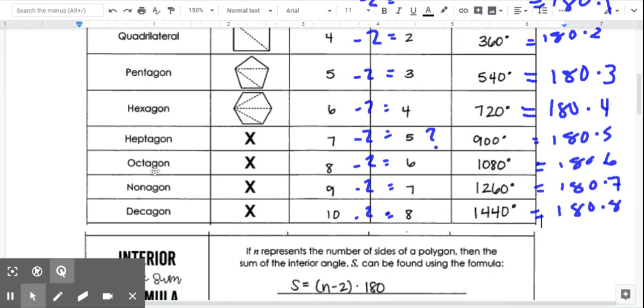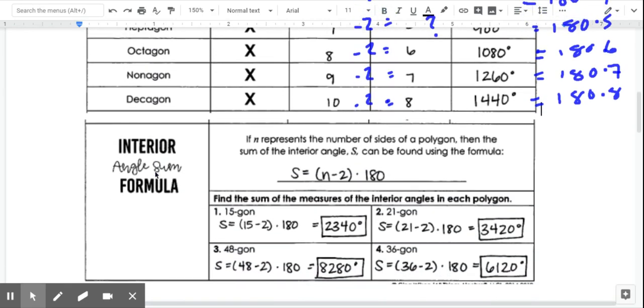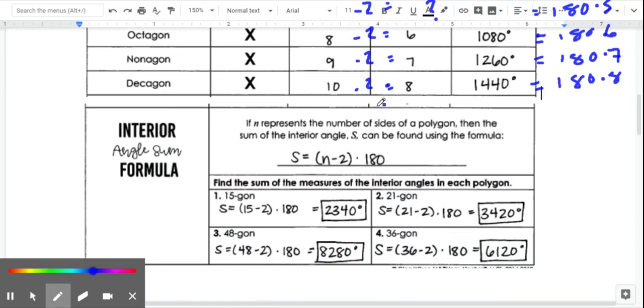So here is our formula for that. If n represents the number of sides of a polygon, then the sum of the interior angles can be found using this formula: you subtract 2 from the number of sides, multiply by 180, and that gets you the total sum of the interior angles.